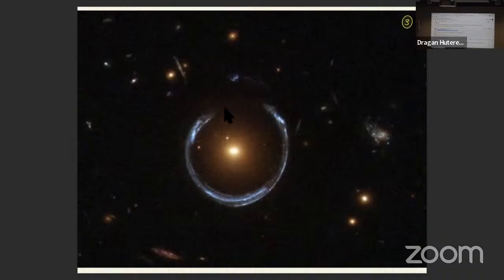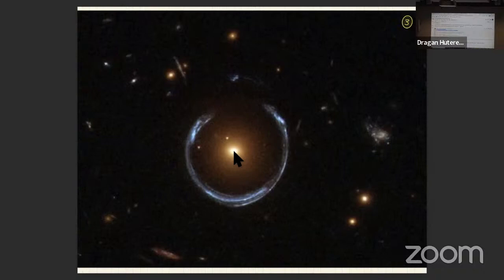By the way, the ring isn't perfect because the galaxy that's being lensed in the background and the galaxy in the foreground are not both perfectly on axis and perfectly circularly symmetric, but you get the idea, it's going to work pretty closely. If we knew this radius and we knew the redshift of that lens and that source, which are obviously an elliptical and some very distorted spiral galaxy, then we would know the mass enclosed in this circle belonging to the lens.